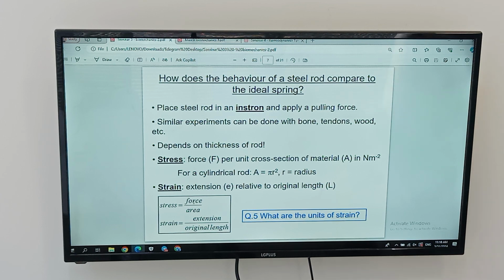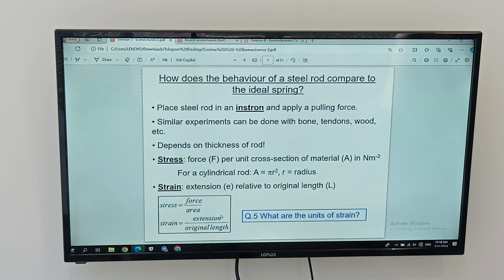If you look at questions or problems regarding the stress or strain, of course you will need units. The unit for stress is Newton per square meter, the Pascal. However, the strain doesn't have any units, because the extension is usually measured in meters or centimeters, and the original length is also measured in meters, centimeters, inches, and so on.